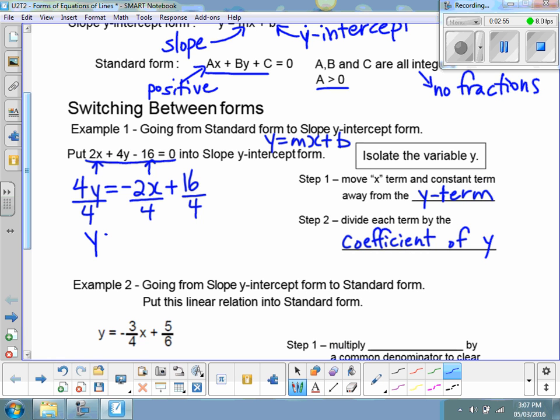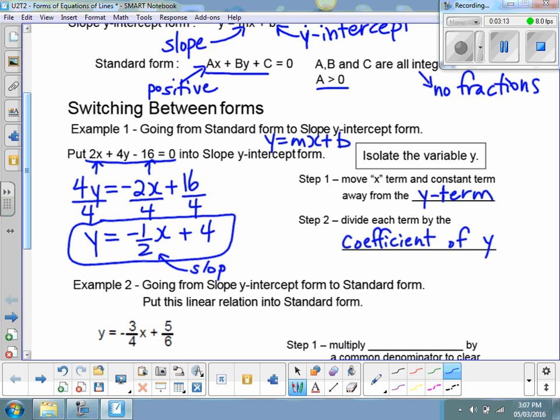And what we end up with, the negative 2 over 4, we can put in the lowest terms. That's going to be negative 1/2. And 16 divided by 4 is 4. So now we've got the equation in slope y-intercept form, and now we can very easily pick out the slope and the y-intercept from that equation.